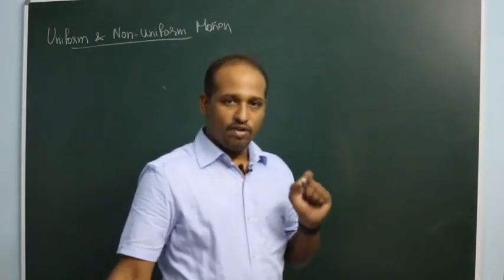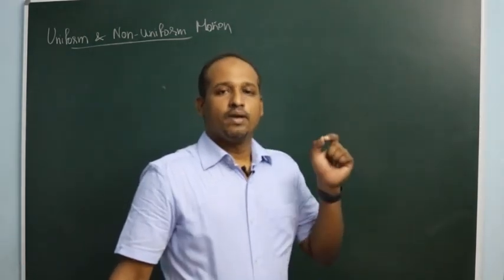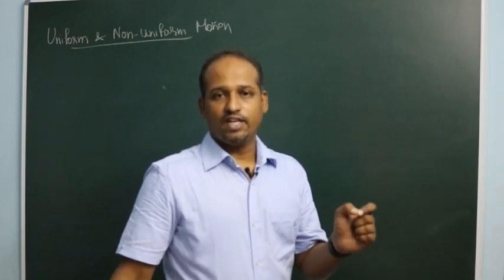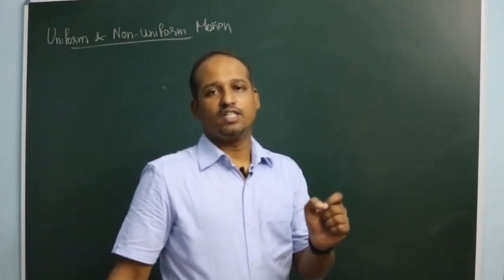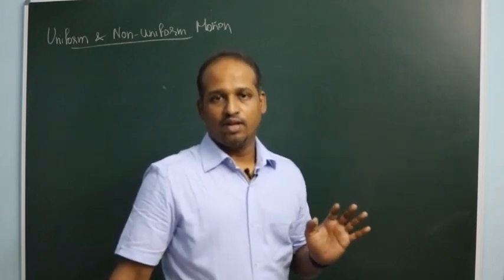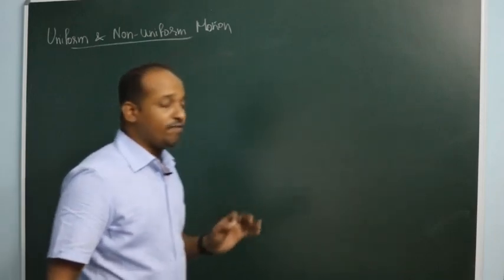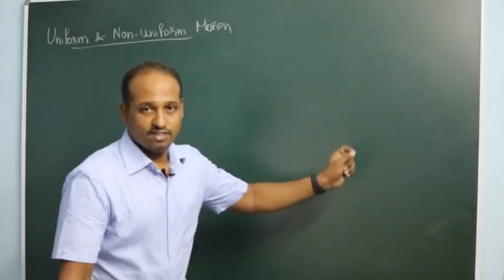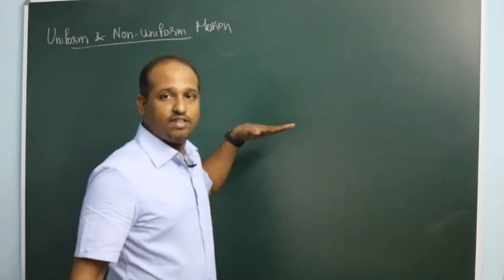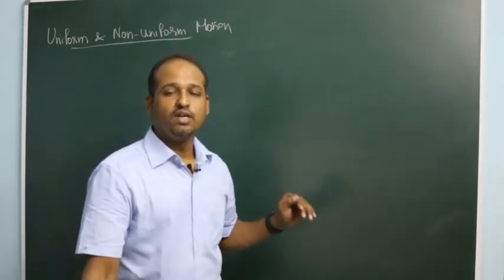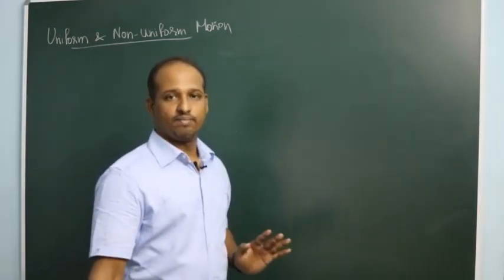In uniform motion, instantaneous velocity and average velocity are the same. In uniform motion, if you find instantaneous velocity at any instant and you find the average velocity for the entire motion, these two will be equal.